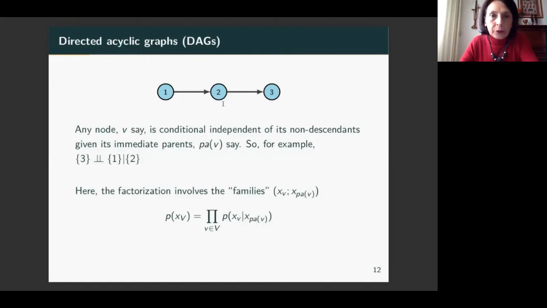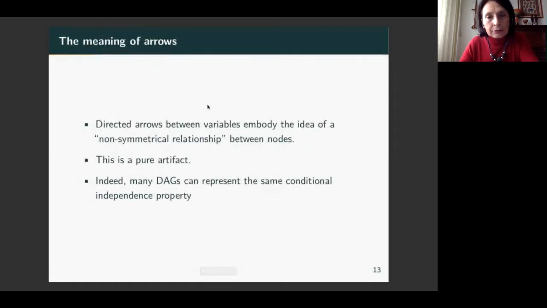Now, it is probably worth pausing a while on the meaning of arrows, because here is where biological and statistical understanding could differ. An arrow embodies the idea of a non-symmetrical relationship between nodes. There is one node coming first and another one following. Now, statistically speaking, this is a pure artifact.